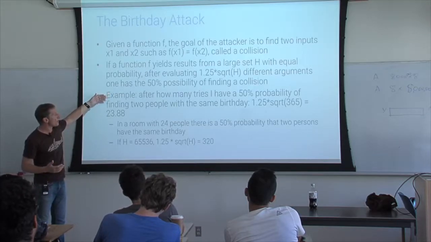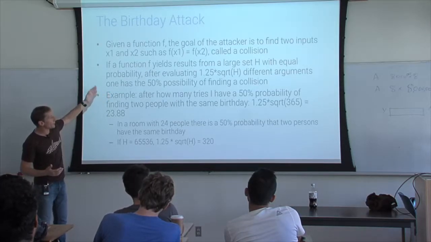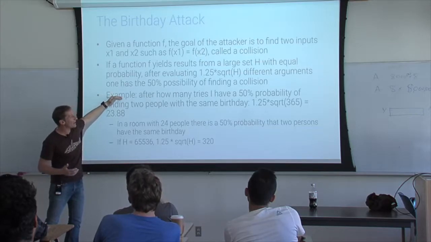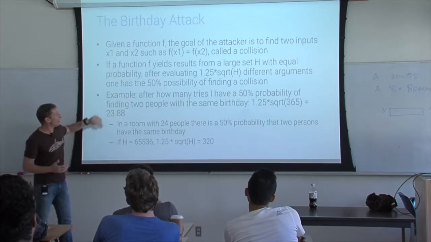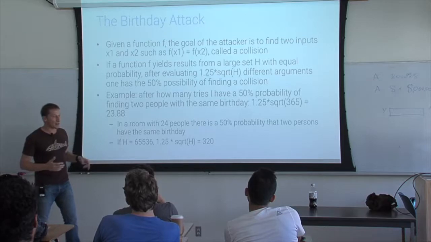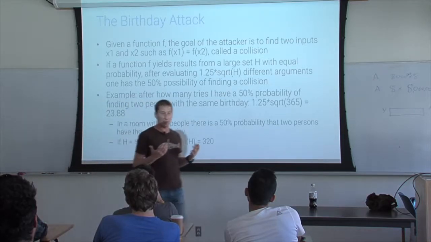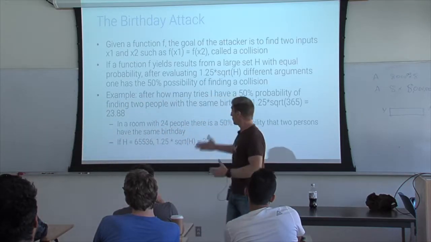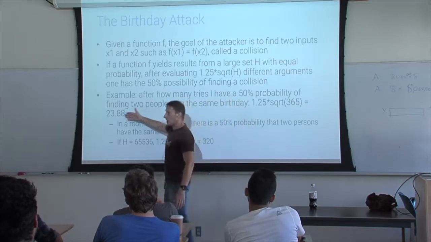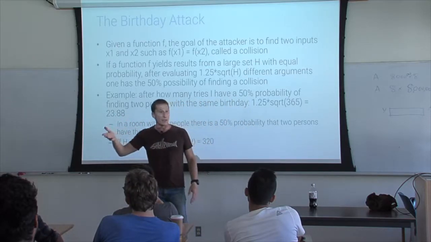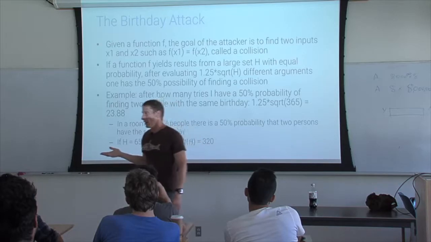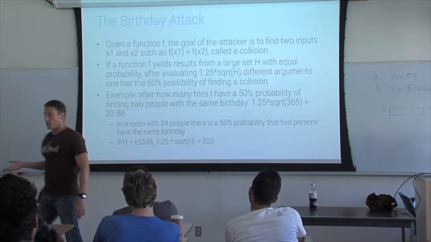To find out how many tries you need to have a good probability of finding two people with the same birthday is pretty limited. So if we have 23 people in class, which is pretty much what we have here, we have a good probability that we have a birthday collision.